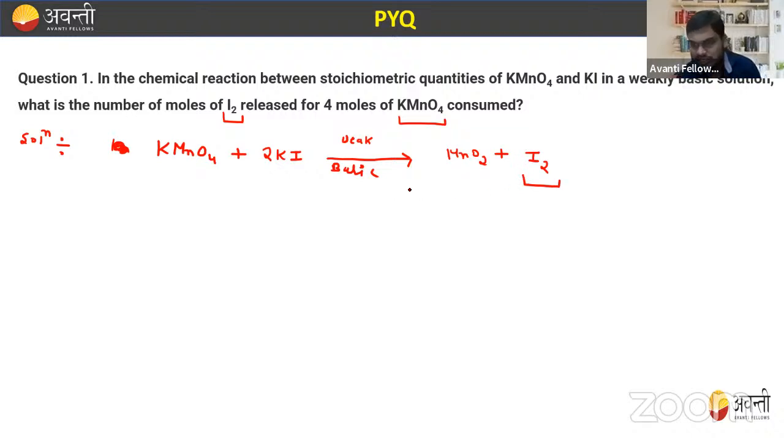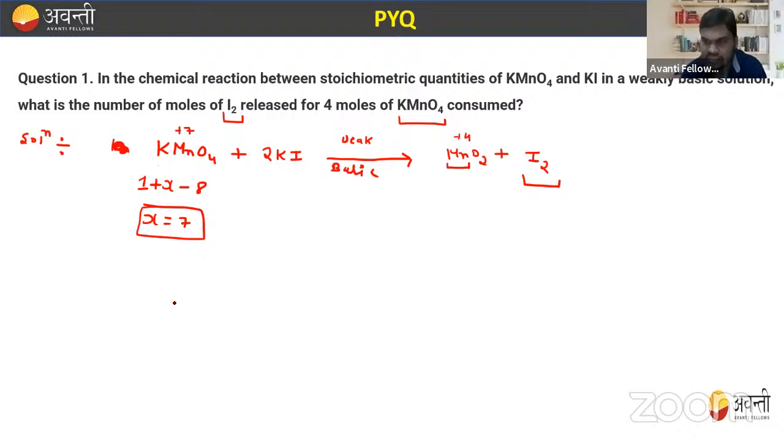What is the oxidation state here? In KMnO4, the oxidation state of Mn is: K is 1, Mn is X, and O is 8 in total, so X is equal to 7. So the oxidation state of Mn is plus 7, and in MnO2 it is plus 4, because oxygen is minus 2 into 2, which is 4.